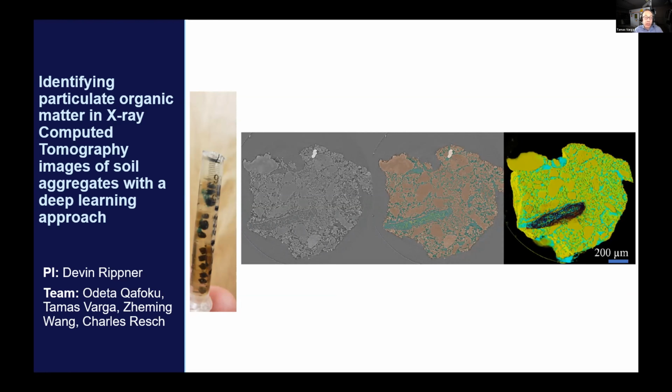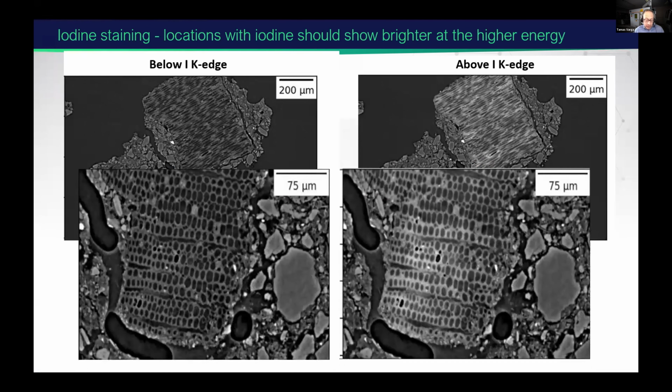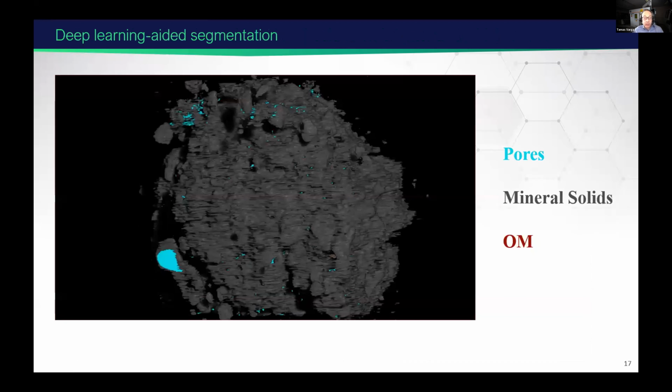So this was actually done at APS in 2BM, where the aggregates are stained with iodine, and we can benefit from the tunable X-ray energy of the synchrotron to do imaging below and above the iodine K edge, subtract those data, and get really the organics to light up in the images.